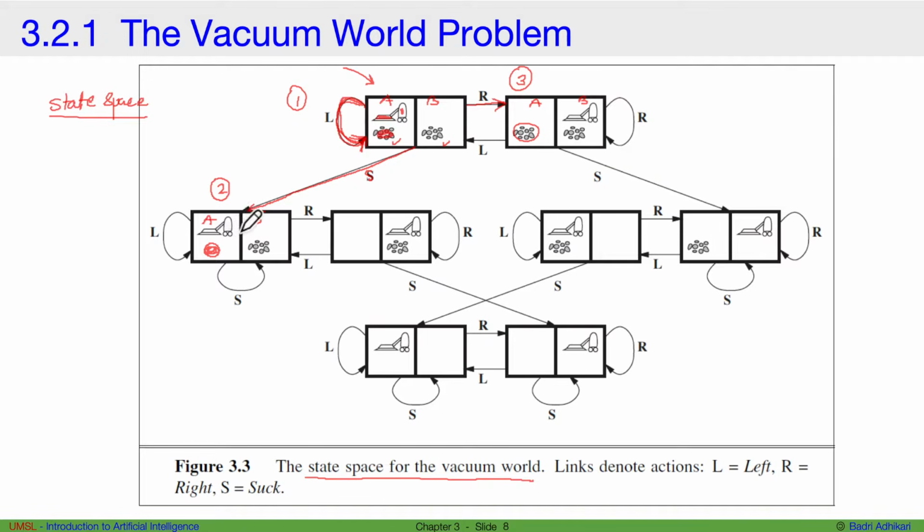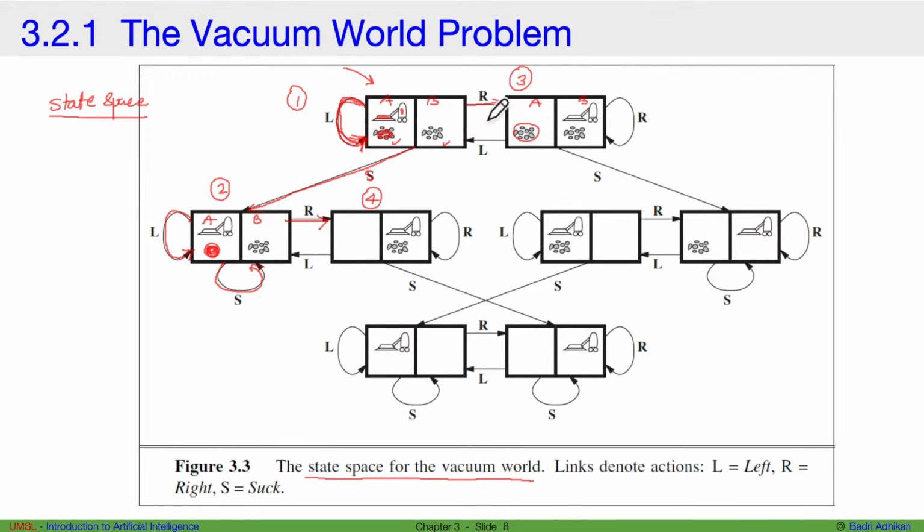So say the agent decided to suck the dirt and go to this state 2, then once again the agent has 3 choices: either going left or going right and reaching this state 4, or sucking the dirt and staying in the same room, because if the agent is in room A and it continues to suck dirt, then the agent will stay in the same room.